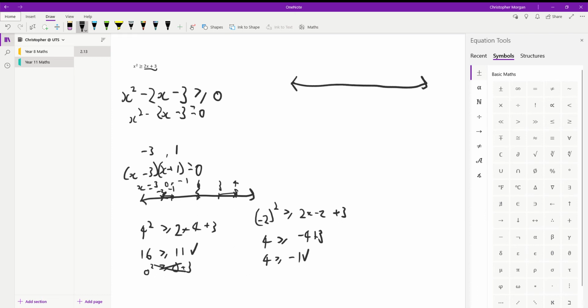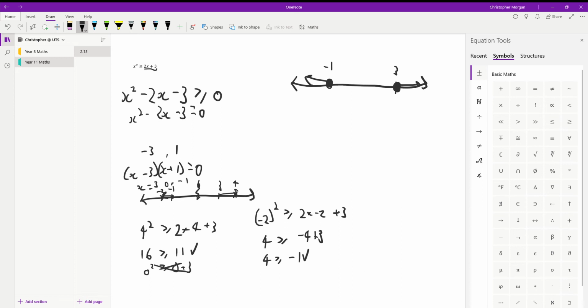Here's our number line. We have 3, we have -1. Now remember what I said before, we have a greater than or equal to sign, so we're going to use a solid circle. Solid circle out that way, solid circle out that way. That represents our solution.